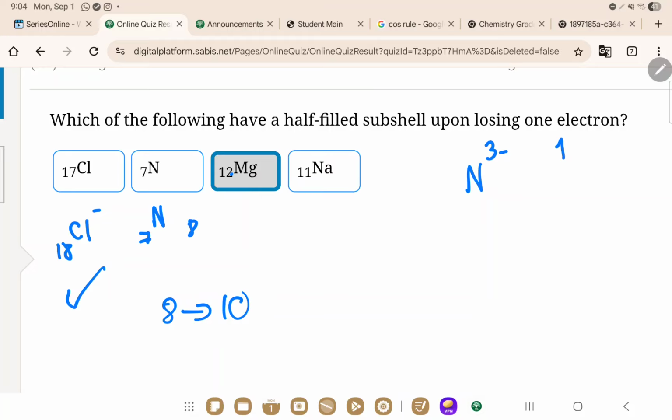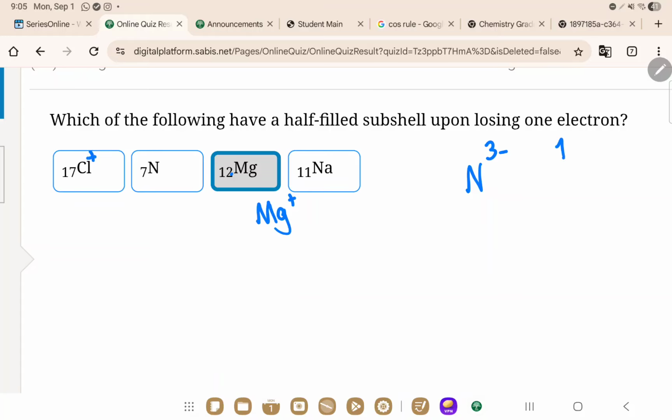Whereas Mg is 2 plus. So when Mg loses 1 electron, so it gives it away, it becomes Mg plus. Oh wait, it loses 1 electron. My bad, guys, I was explaining as if it were adding 1 electron for these two. These two, when they lose an electron, they become Cl plus.